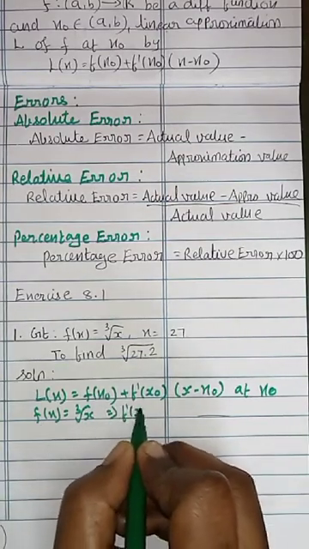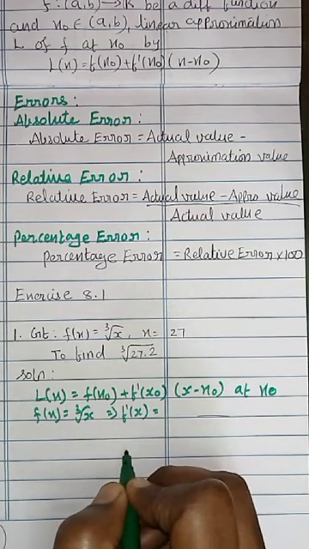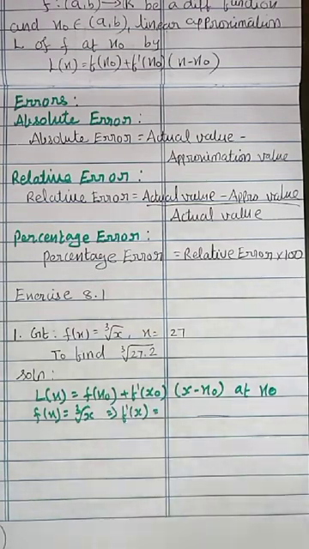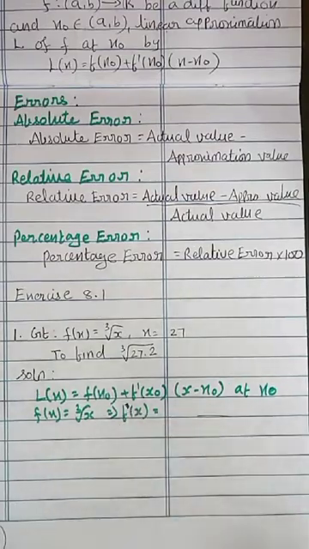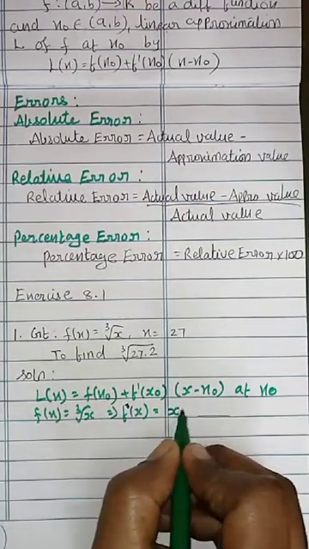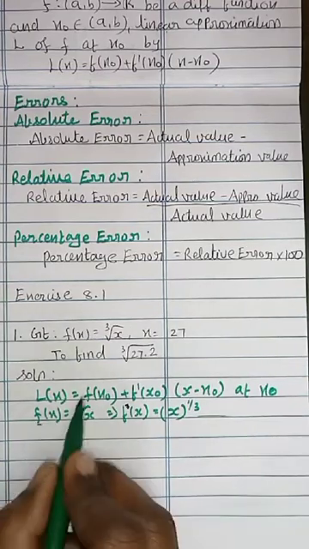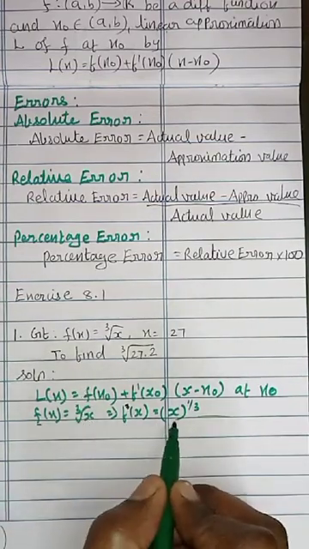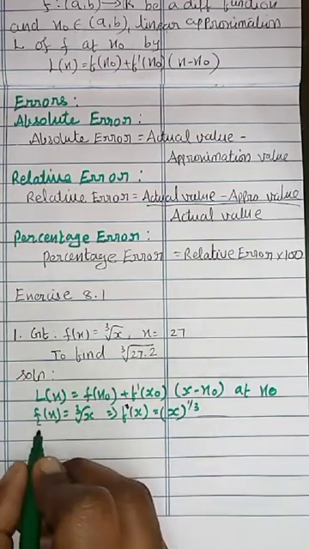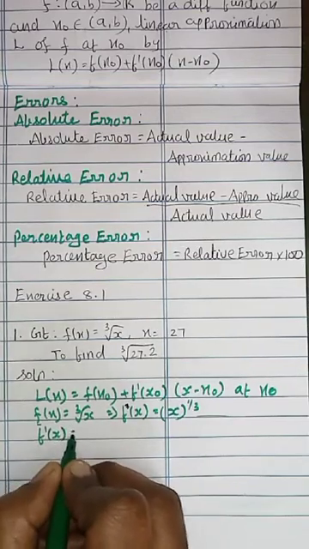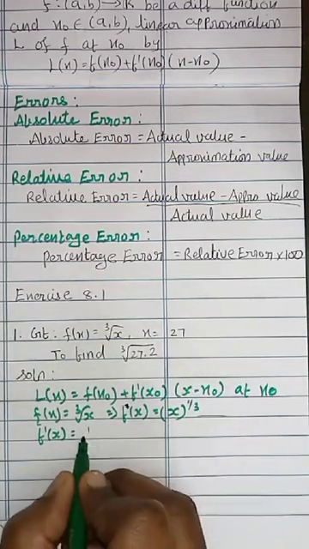F of x equal to cube root of x. How can we write it? X power 1 by 3. Now we can find f dash of x. For x power n, what is the formula?